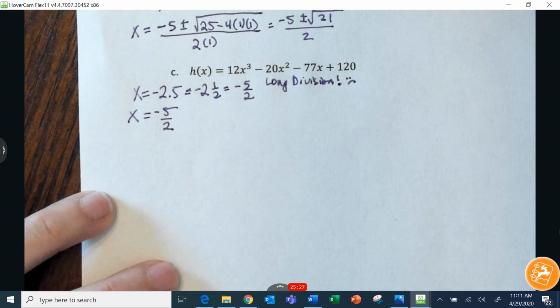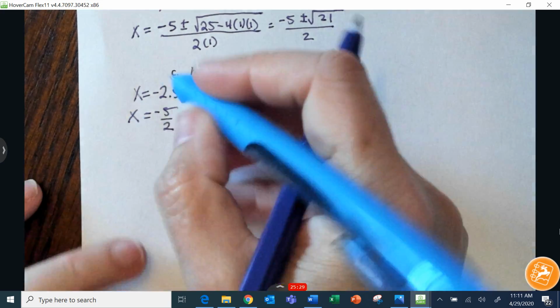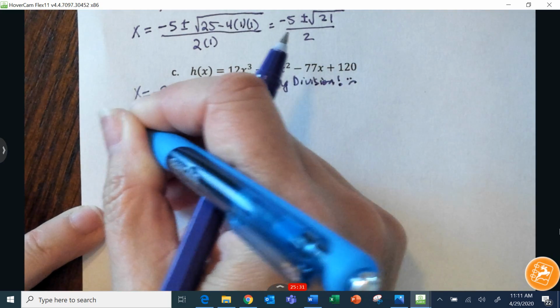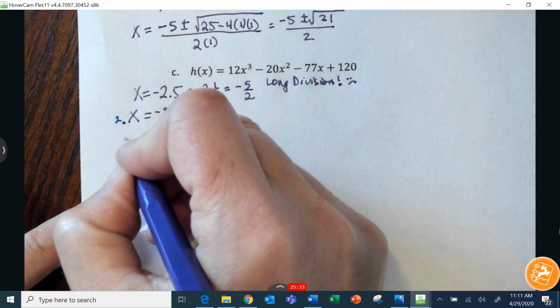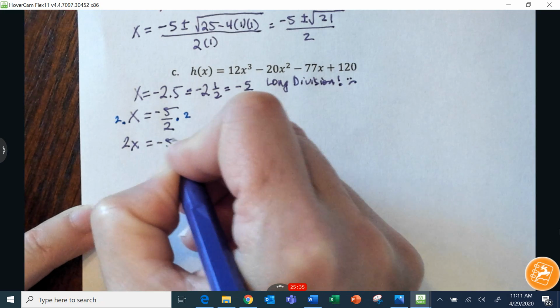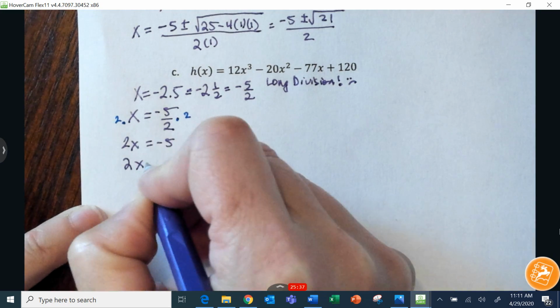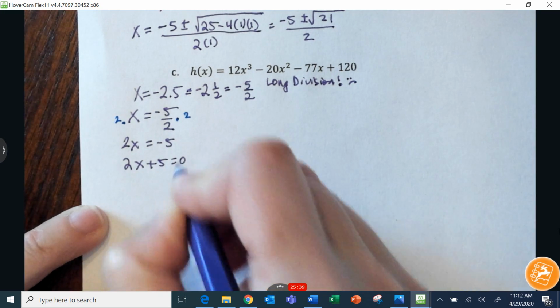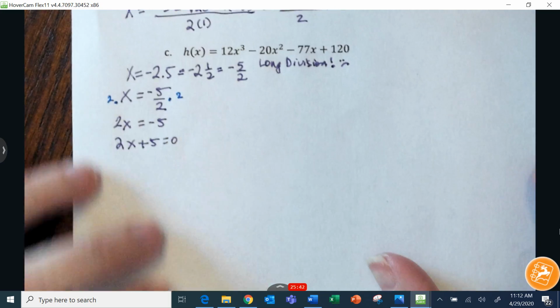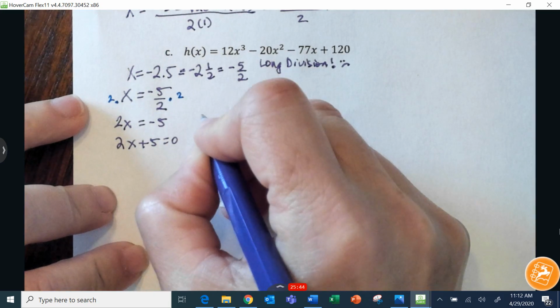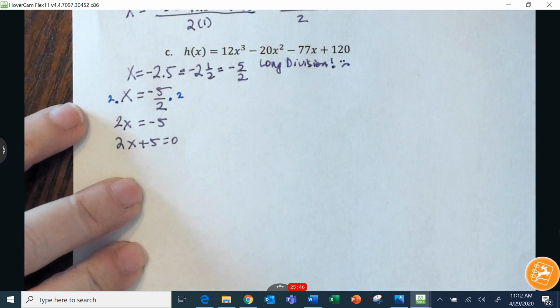So multiply both sides by 2. And get 2x equals -5, add the 5, 2x plus 5 equals 0. So that's my factor, 2x plus 5. I'm going to change colors so it doesn't get too confusing.